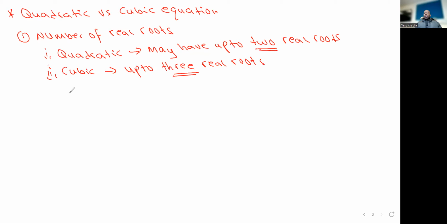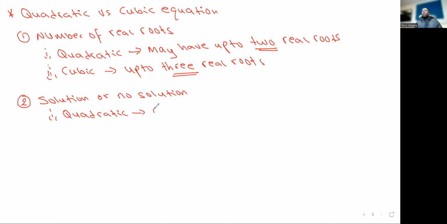2. Now, in terms of the solutions, I'm going to look at it in terms of solution or no solution. Remember in quadratic, there are some questions where you say no solution, where you talk about technically real solution. So when I talk about solution, I'm talking about real solution. In quadratic, if you remember the video we talked about, it's possible that you may have no real solution.